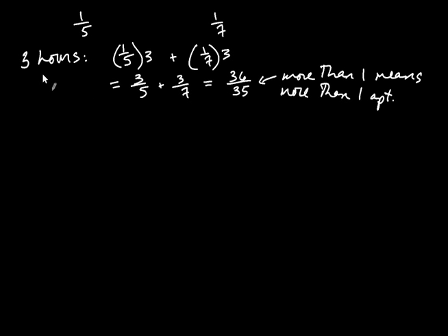It takes them more than 2, but less than 3, right? Because in 3 hours, they clean this much, which is more than one whole apartment. So you might say, I took 1/5 and I multiplied it by 2, and then I added 1/7 times 2, and then I did the same thing with 3, right? So 1/5 times 2 plus 1/7 times 2 wasn't enough, but then I went to 3, it was too much, right?